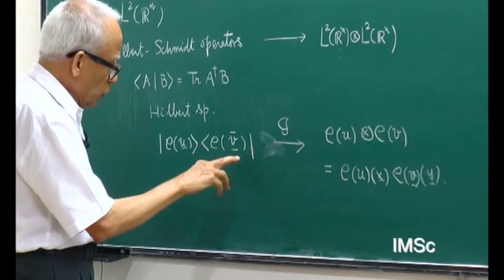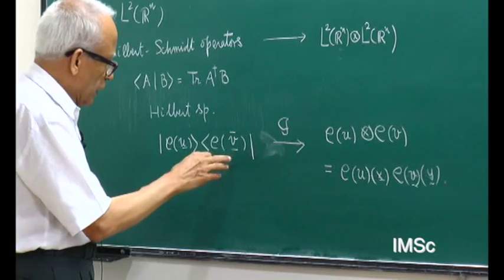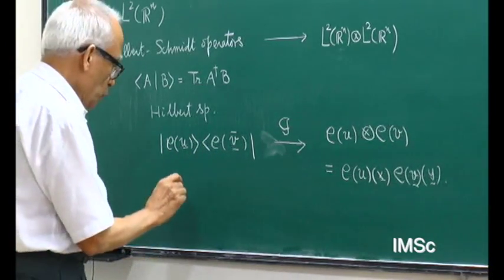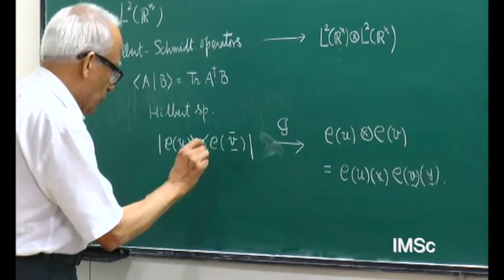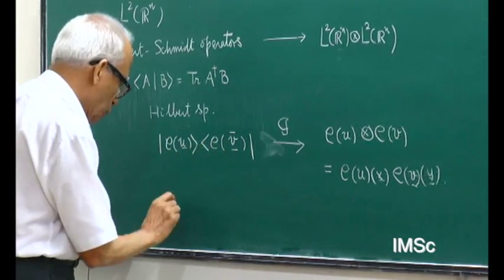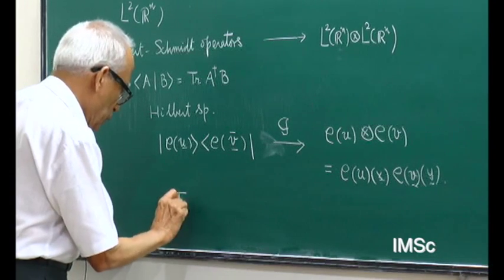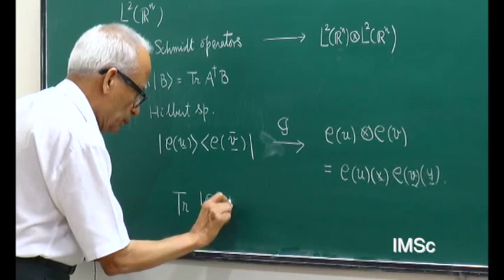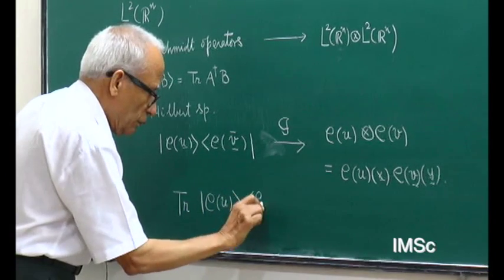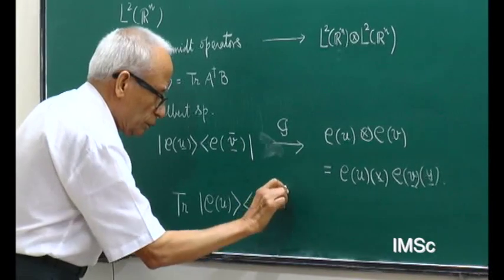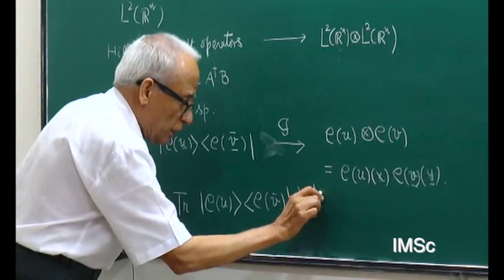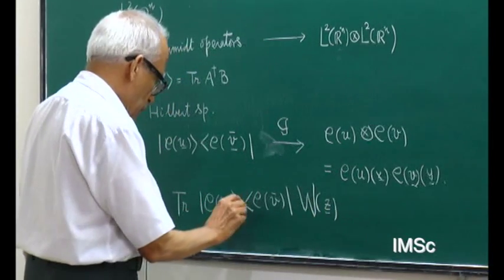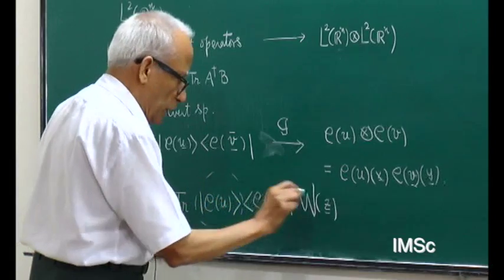But you also note, because this is rank 1, it has trace. Now, you compute the Wigner transform of this operator, the Weyl-Wigner Fourier transform of this operator, namely you compute the trace of |E_u><E_v| W_z, the Weyl operator, which is nothing but, because you are computing trace, you take this part there.